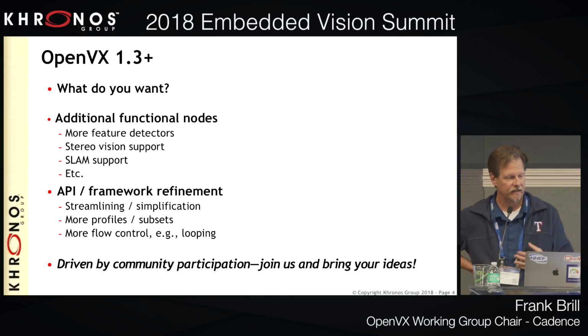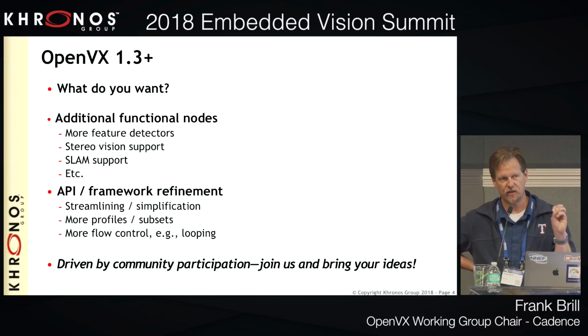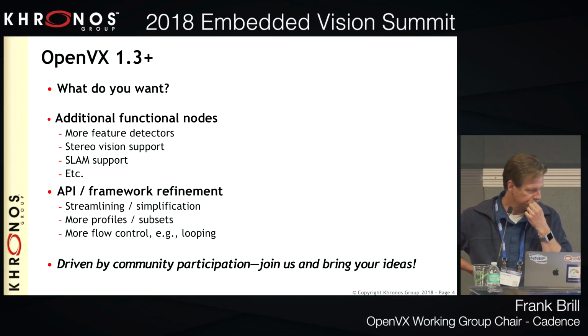So we have that, and maybe there's more flow control that we want to be able to support, such as looping, where you say, well, actually that bit of graph I wanted to do n times, or keep doing it until something happens, that sort of thing. So we could add more framework for that, just to increase the capabilities and flexibility of the things that you can express with the graph.